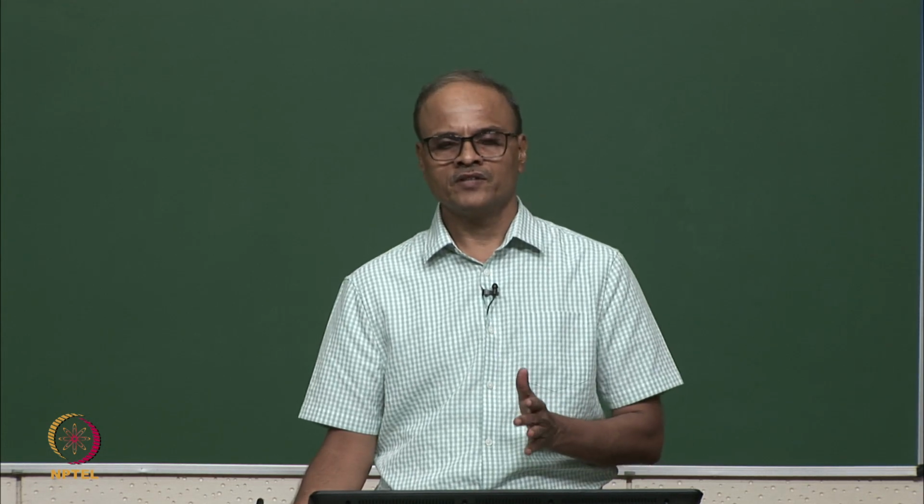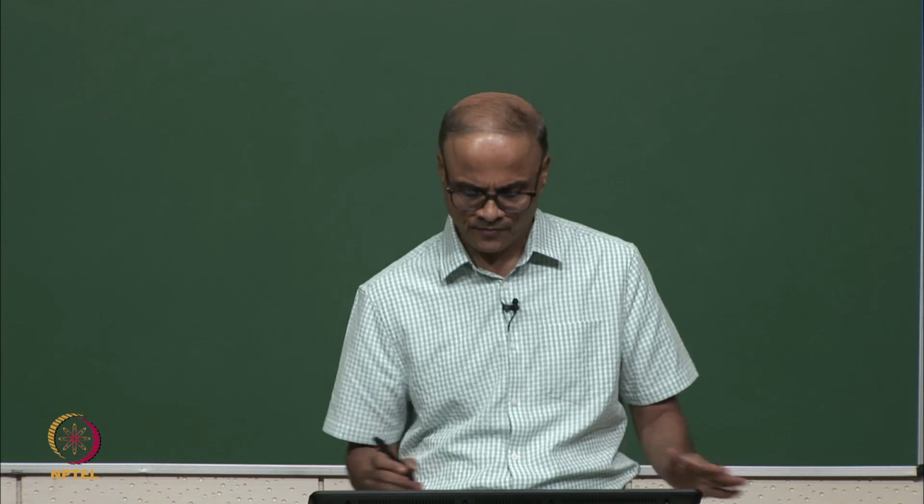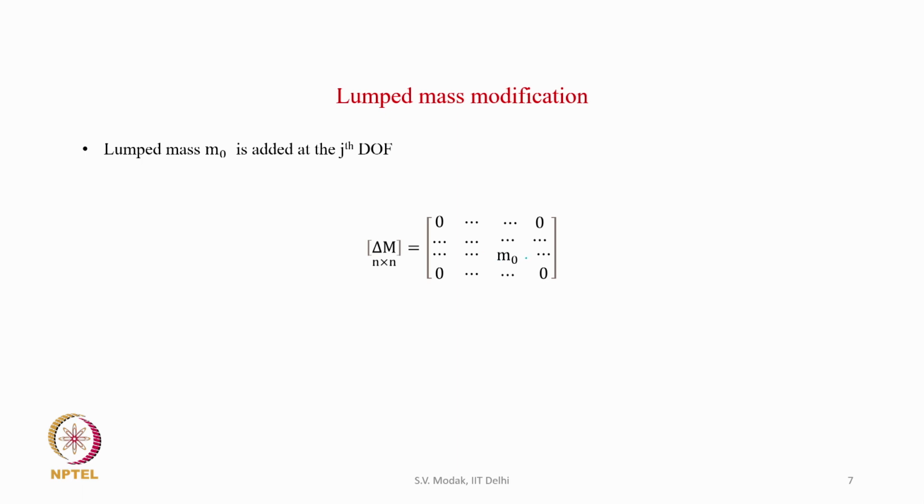So, this delta m matrix is essentially a matrix of all zeros except the element at the intersection of the jth row and jth column. You can see this is the jth row and this is the jth column. This element is non-zero and it is equal to the lump mass that was added.